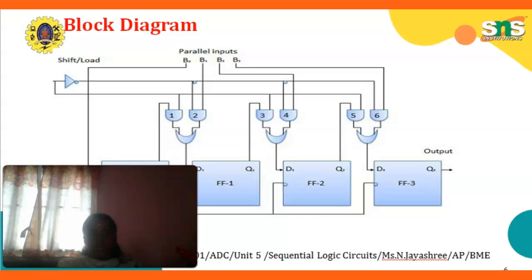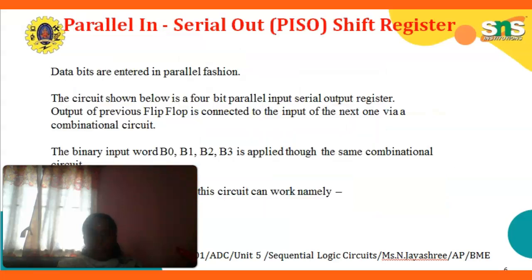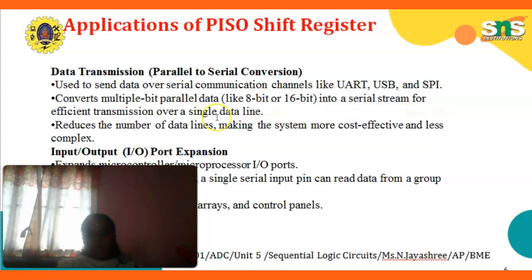Okay, so these are the main features of the parallel in serial out shift register. Next, let us see the applications of PISO shift registers. Data transmission: it does parallel to serial conversion. It is used to send data over serial communication channels like UART, USB and SPI.